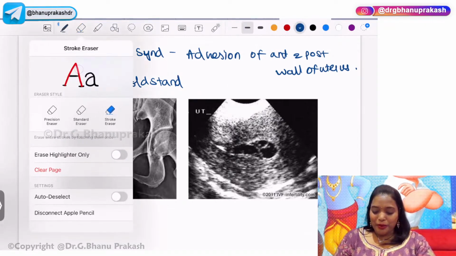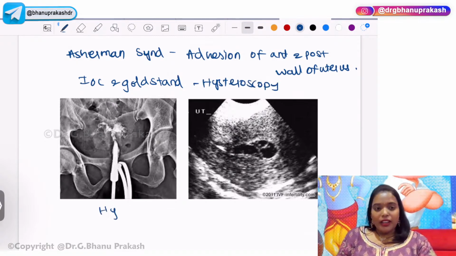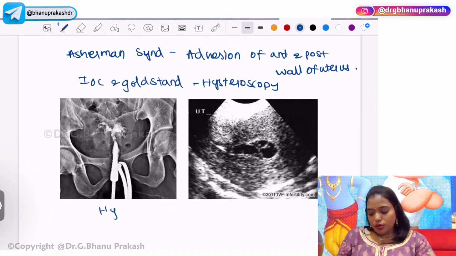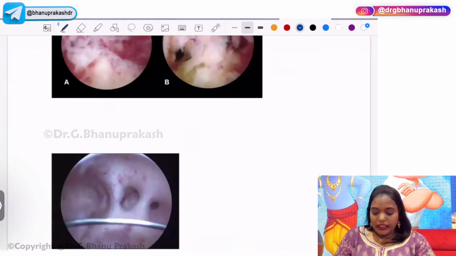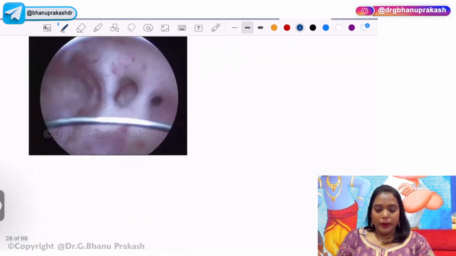See inside, no? Treatment is hysteroscopic adhesiolysis. After that, you can put a copper T or a Foley's catheter balloon to prevent readhesions. See, these are hysteroscopy images showing adhesions. See, this is the post-treatment.